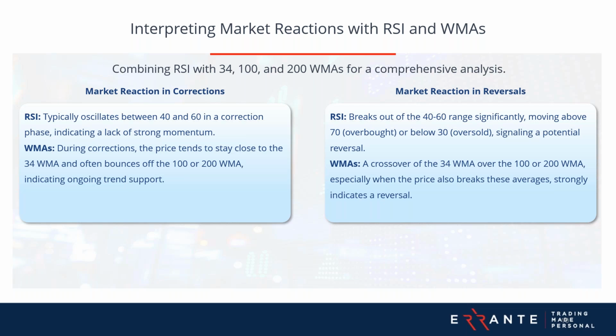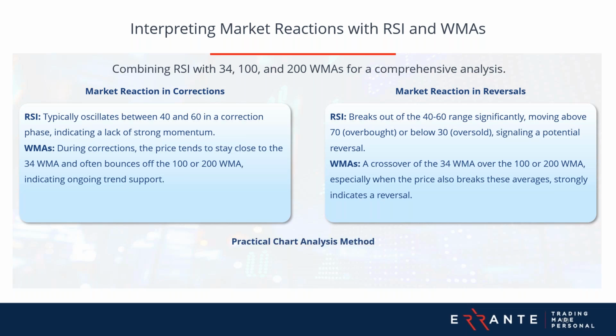This is often mirrored by the 34 WMA crossing over the longer term 100 or 200 WMA, with the price action confirming this shift by breaking through these averages. Such alignment points to a substantial change in market sentiment, which can also point to a new trend in the market.